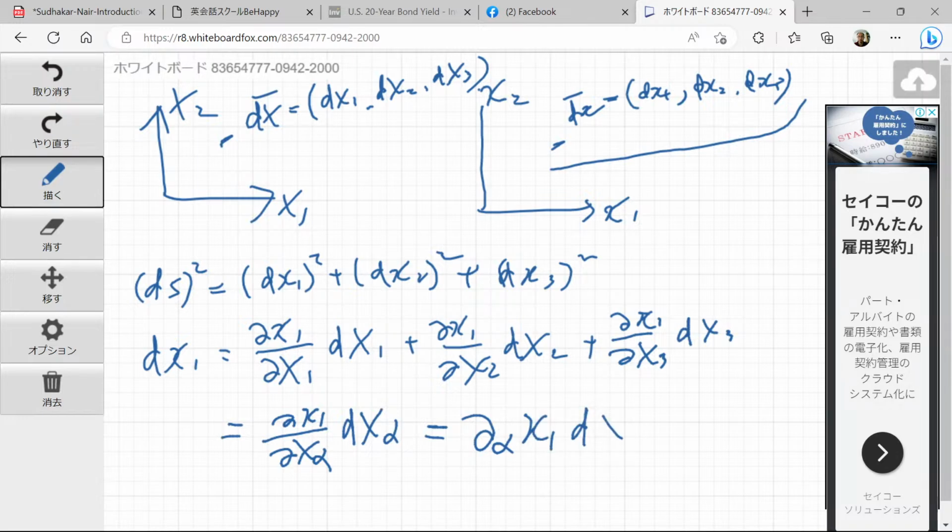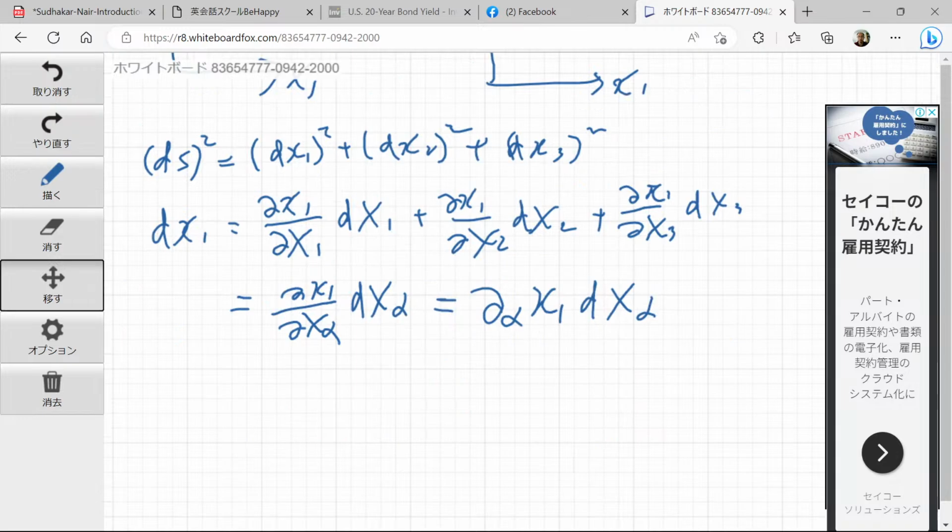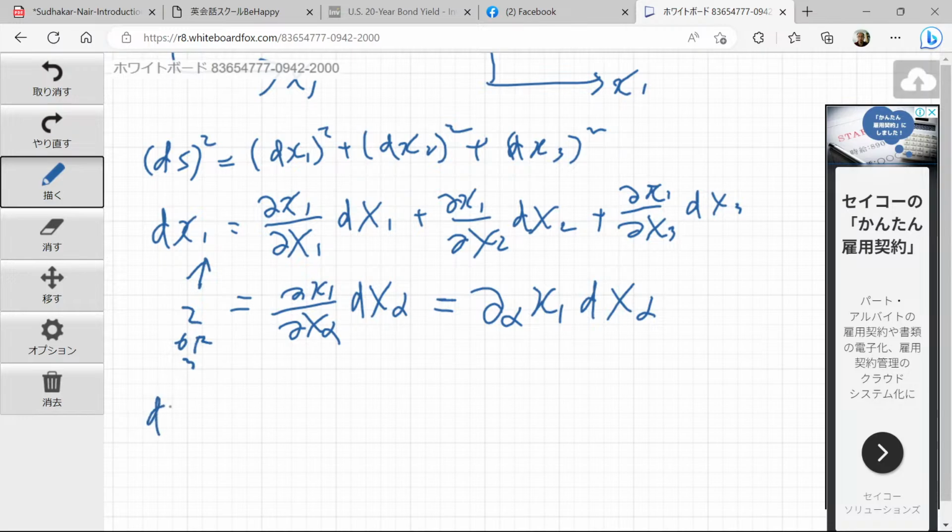So now this index can be 1, 2, or 3, right? So we just write dxi instead of 1 to 3. We use i. This is like partial xi partial X alpha dX alpha, right?